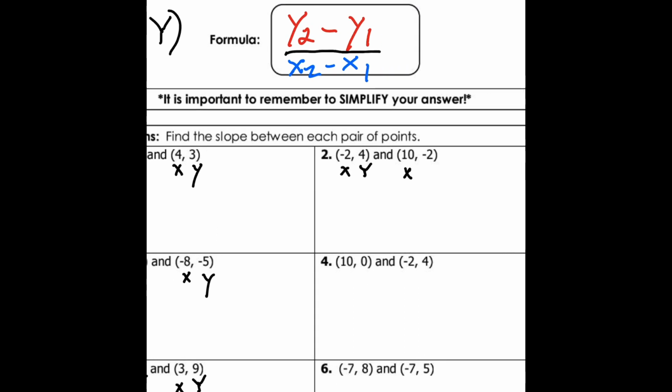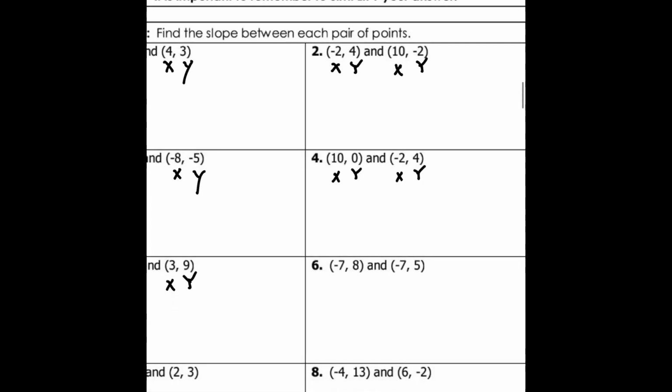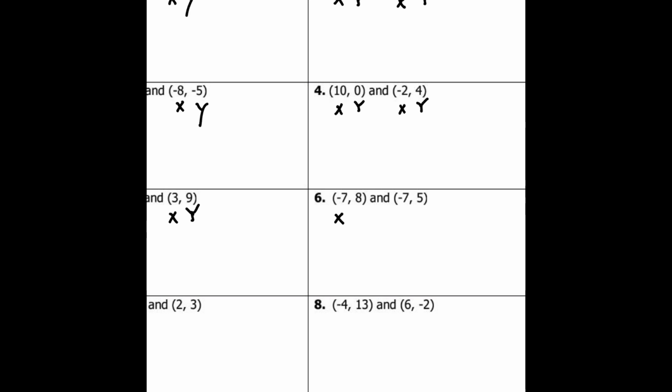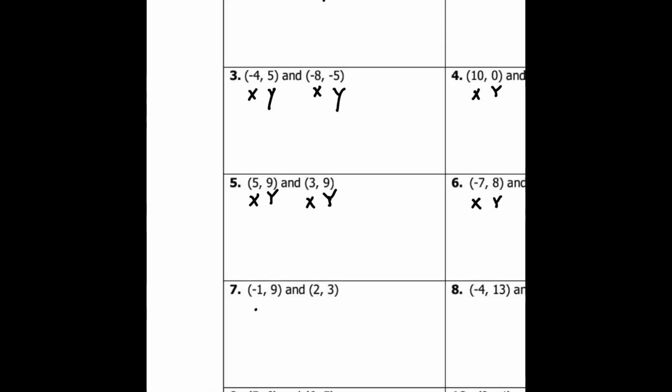And you guys should be doing the same, whether it's an in-class practice sheet or if it's a quiz or a test. You should be labeling all your points every single time so that you don't make small errors.